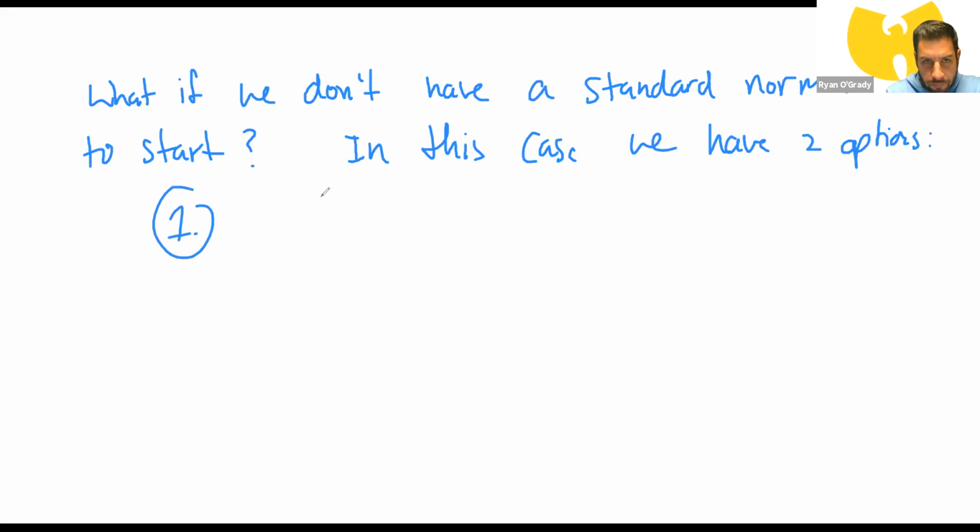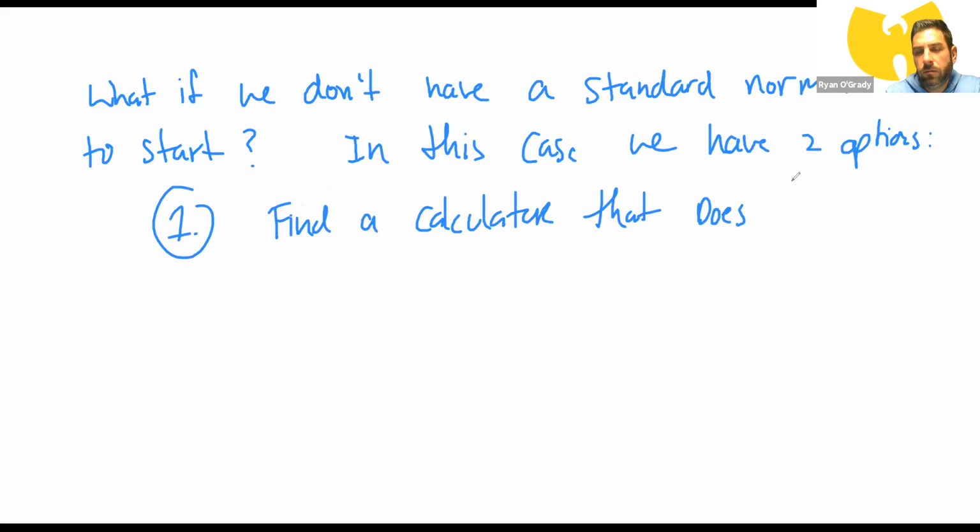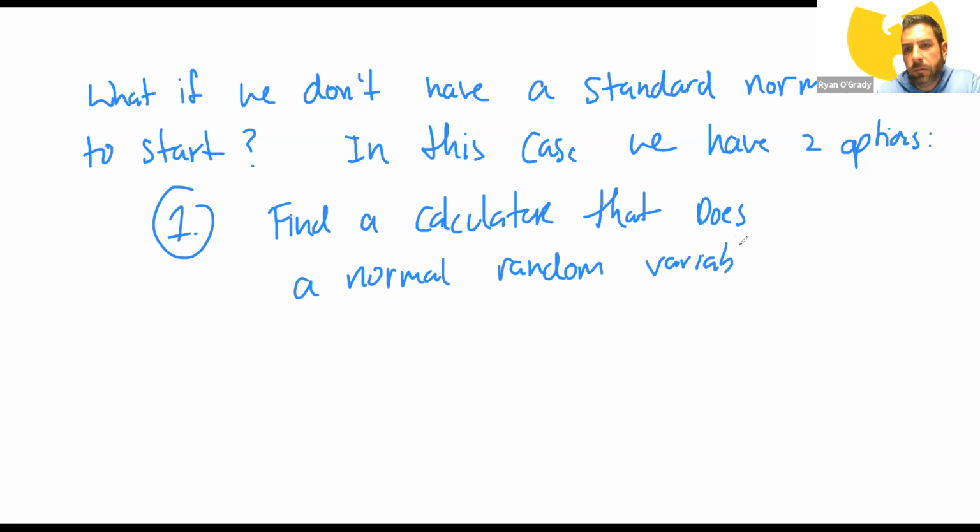Option one is to find a calculator that does a normal random variable. Or option two, convert to z and repeat the previous problem.